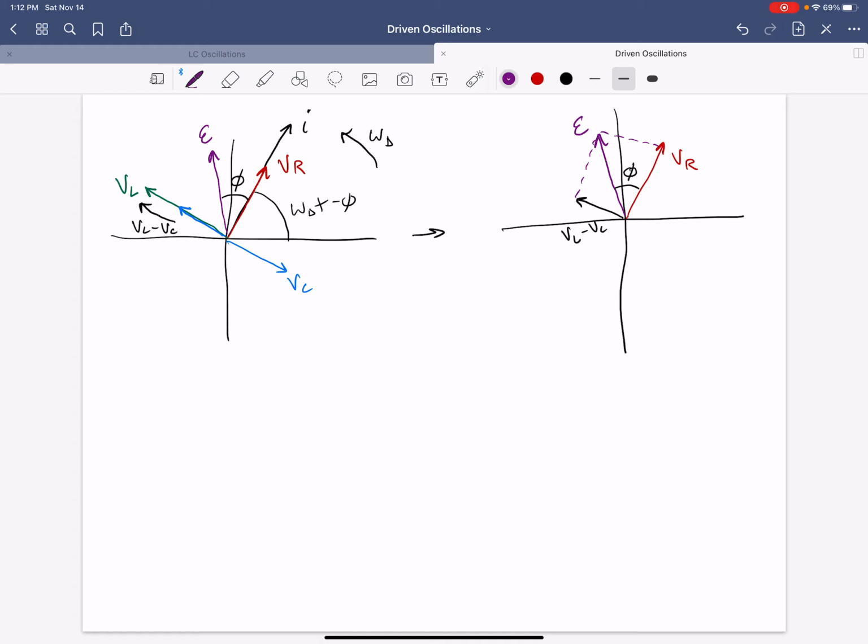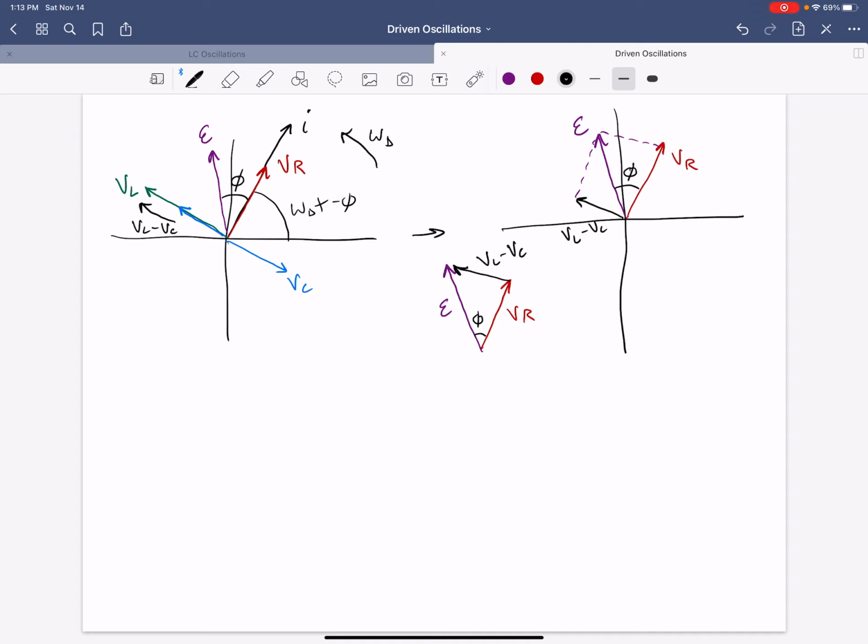I'm going to transpose that down: that there is R, and then in black, VL minus VC. So that is our right triangle, and this angle here is phi.